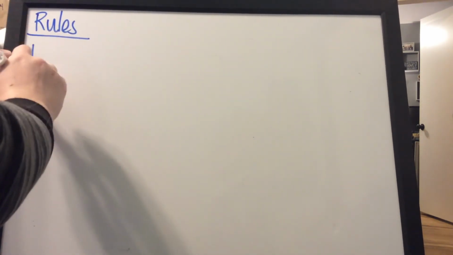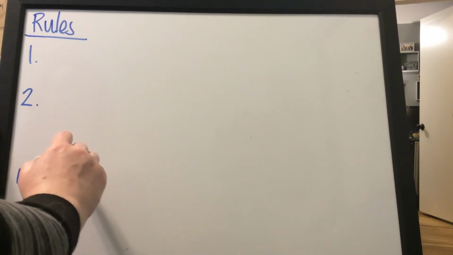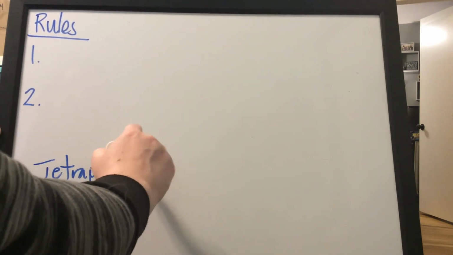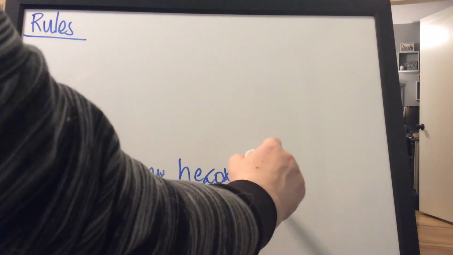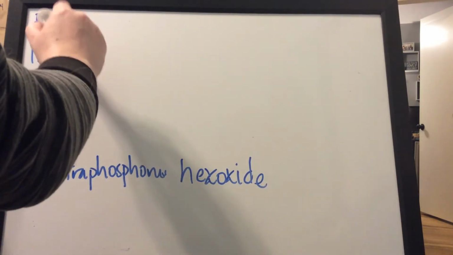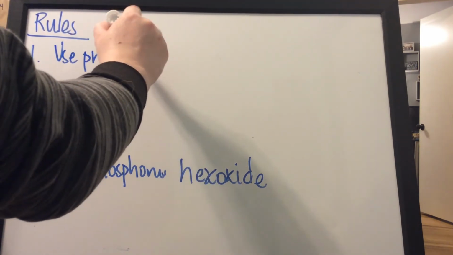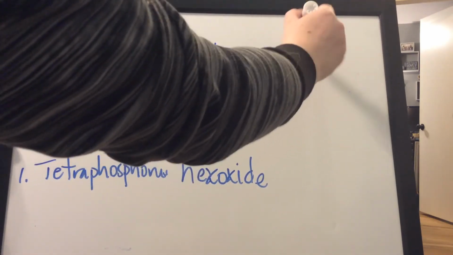Okay, if you flip your paper over to the back, we're going to do how to write a formula. So formula writing is even simpler. And I'll do one example with you. So the first rule is use prefixes to decide on number of atoms.